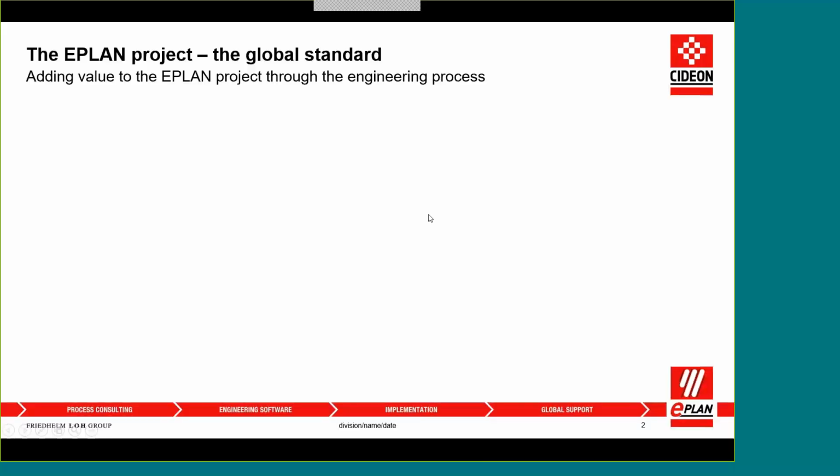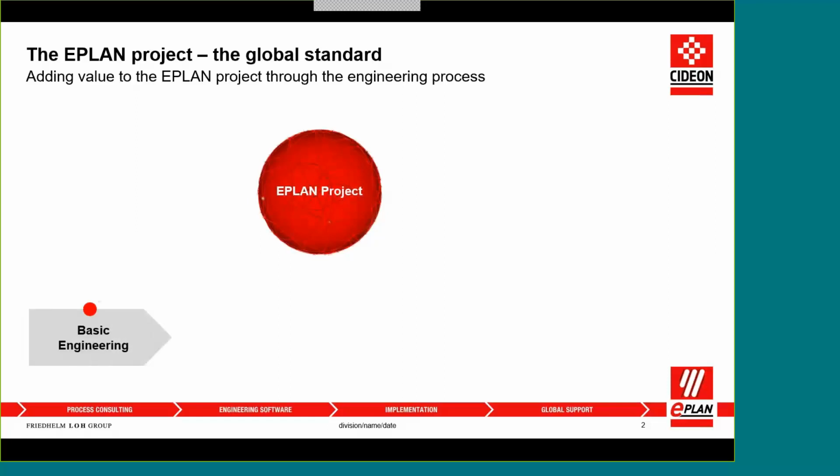We will start off with one of the aspects on the project side of things: we see the project as being the source of all the data and all your design needs. As we are producing your project, there are certain requirements that we need to associate to it. One of those requirements could be basic engineering information.